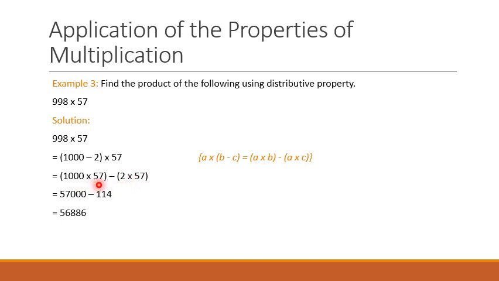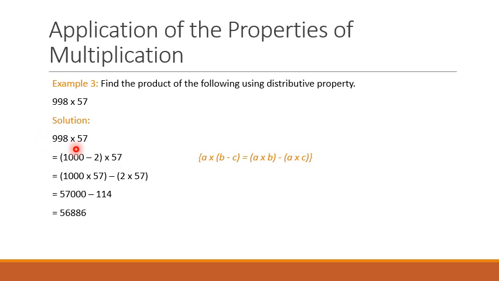Now 57 multiplied by 1000 gives me 57,000. 57 into 2 is 114. So now simply subtract, which will give me 56,886 as the answer.